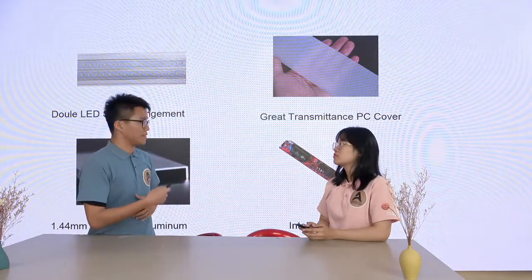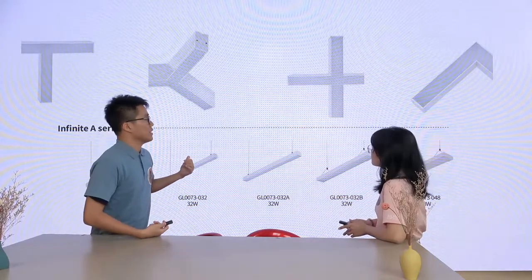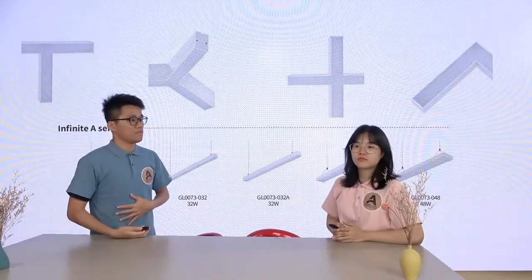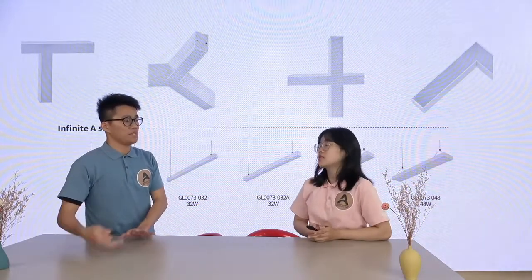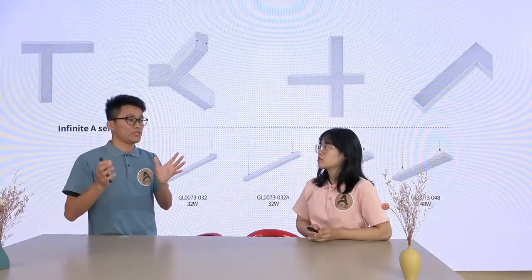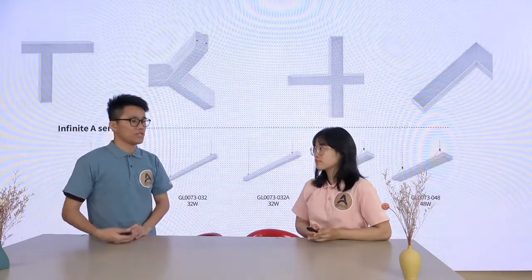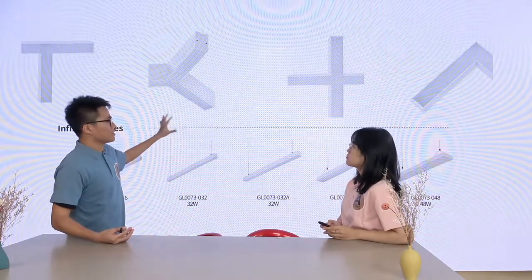And we also have another component for this series. As you mentioned before, in different projects there are different demands from the designer. They need to create different decoration styles. So here is another component.